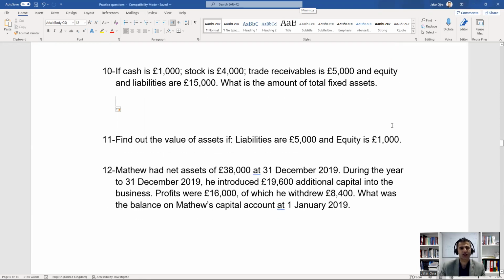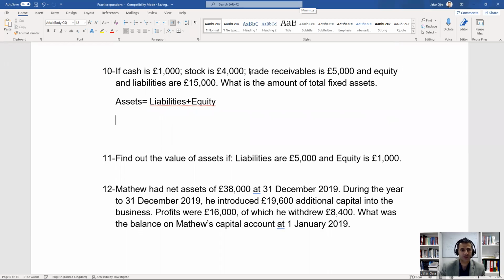Question number 10. If cash is 1,000, stocks 4,000, trade receivables 5,000, equity and liabilities 15,000 together, what is the amount of total fixed assets or non-current assets? So this is a question based mainly on the accounting equation, which is assets equal liabilities plus equity, isn't it?